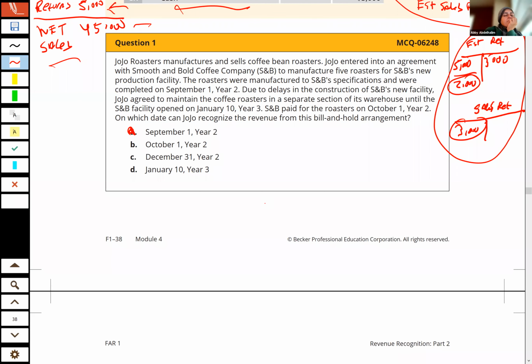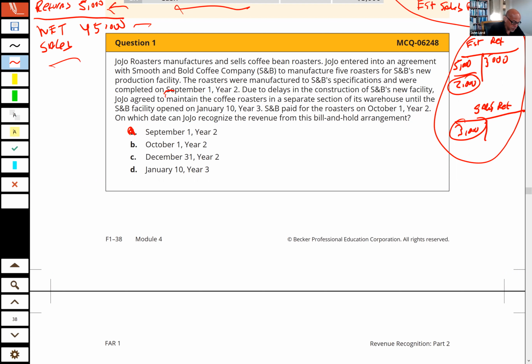Yeah. Okay, good. So let's take a look at this one. Joho Roasters manufactures and sells coffee bean roasters. Joho entered into an agreement with Smooth and Bold Coffee to manufacture 5 roasters for S&B's new production facility. The roasters were manufactured to S&B specifications, were completed on September 1st, year 2.